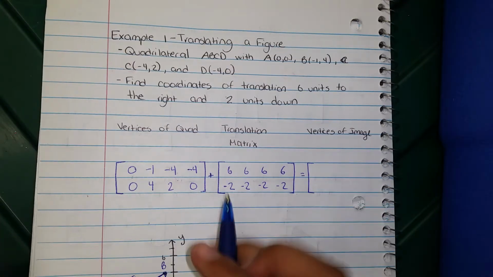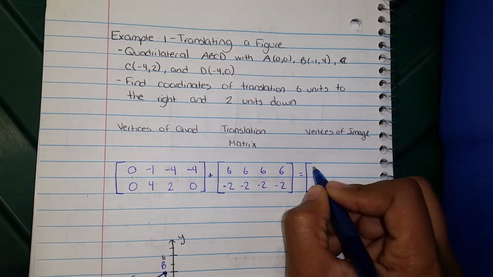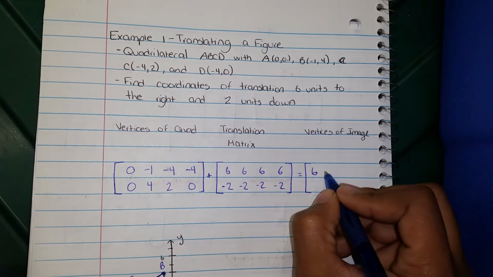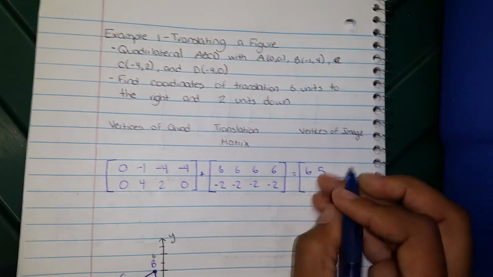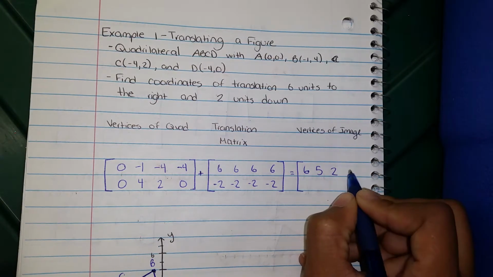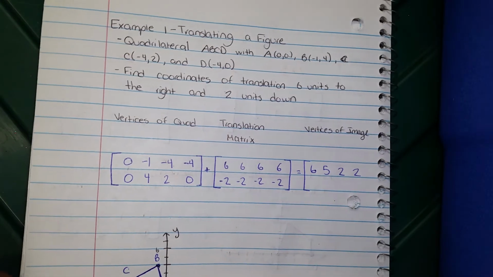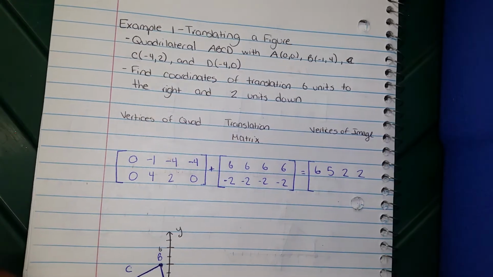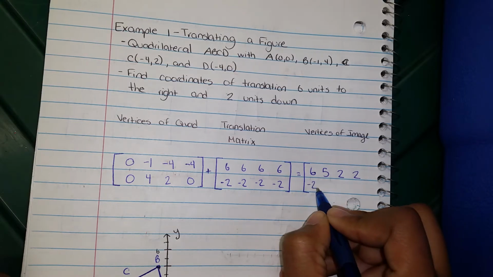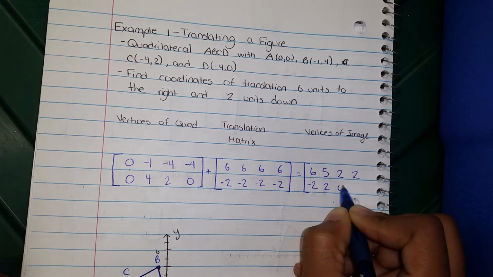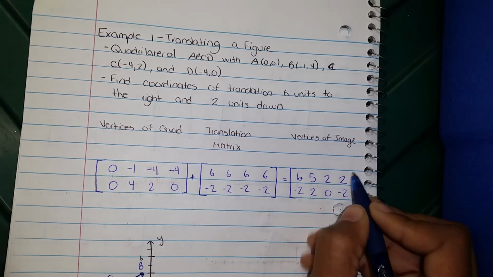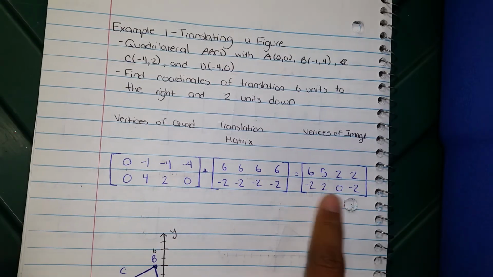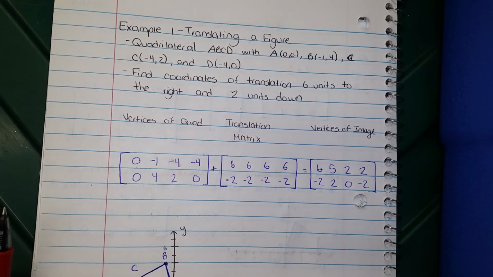So we're going to have 0 plus 6 is 6, -1 plus 6 is 5, -4 plus 6 is 2, -4 plus 6 is 2. And then underneath we're going to have -2, 2, 0, -2. So these are my image vertices.